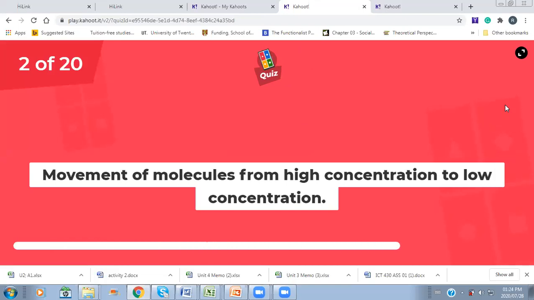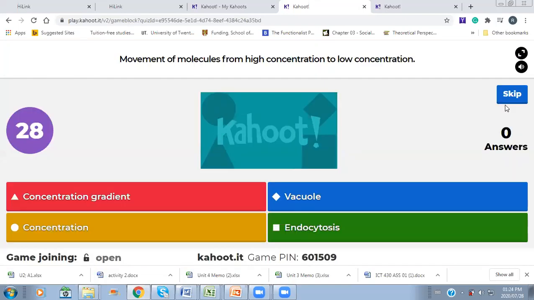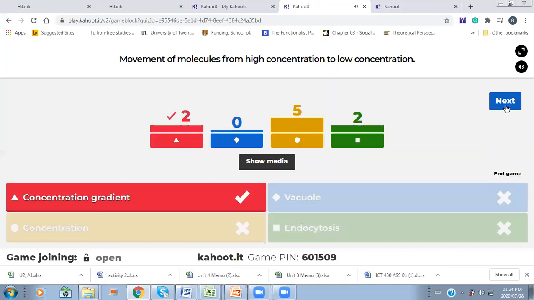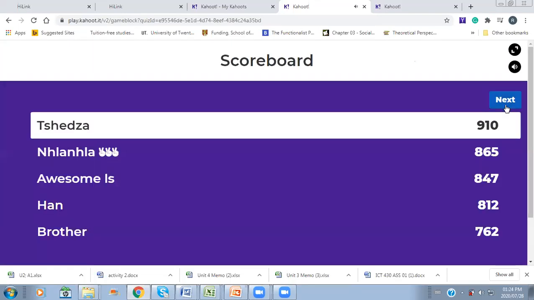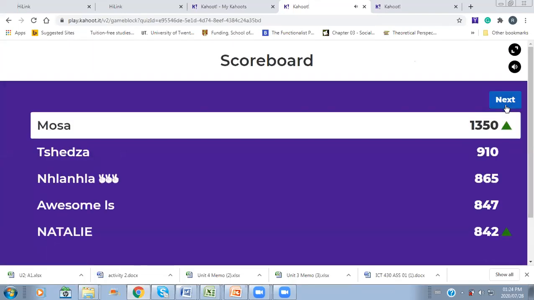Movement of molecules from a higher concentration to low concentration is: concentration gradient, vehicle, concentration, endocytosis. Perfect. That's concentration gradient, and only 2 got this one right. Okay, let's go to the next question.